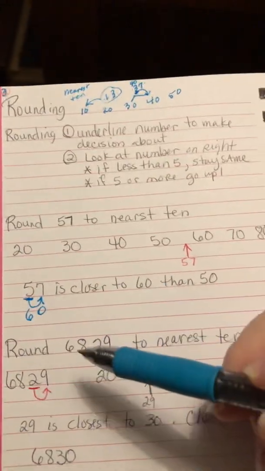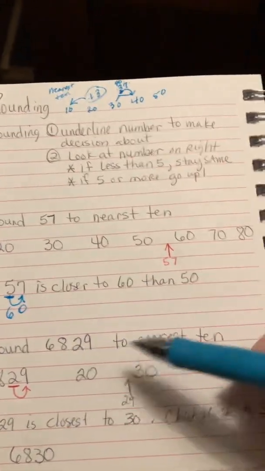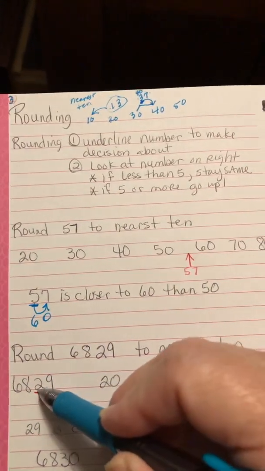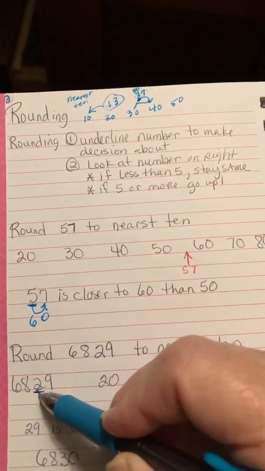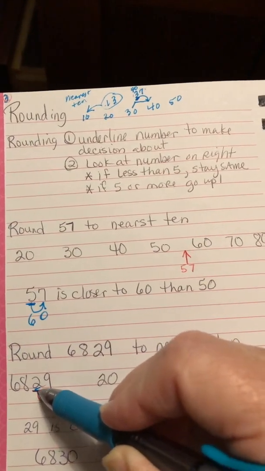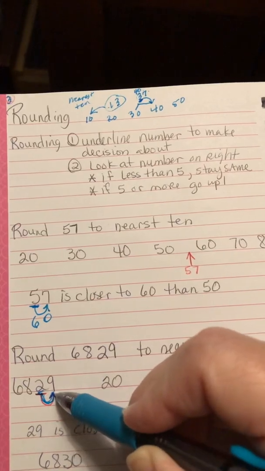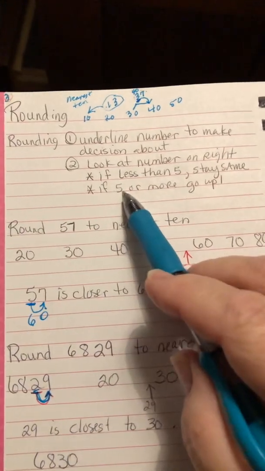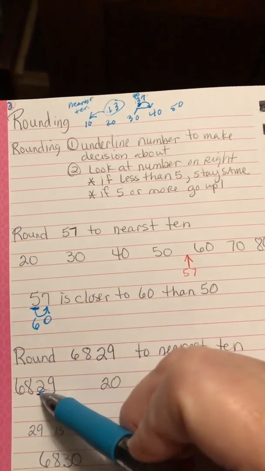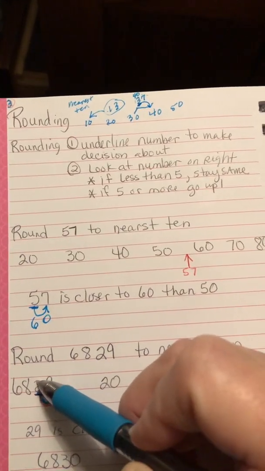So this one says round 6,829 to the nearest 10. So we underline the tens place and we look at the number right next door to use that to make our decision. Since the number next door is 5 or more, then the place value that we underlined has to go up 1.